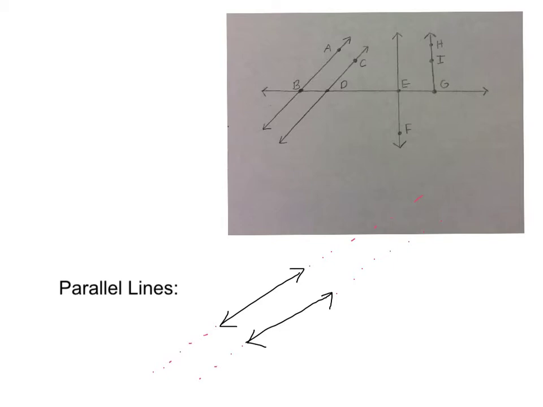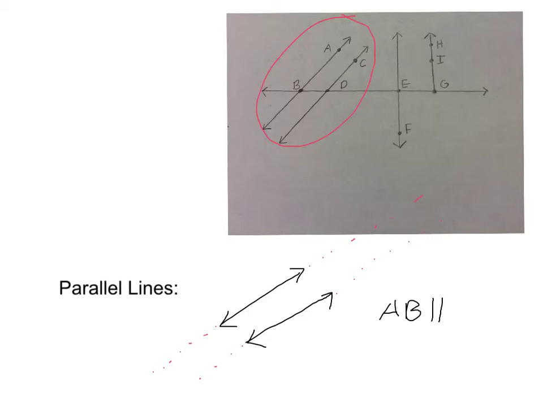You can see up above that we do have one set of parallel lines, and that can be found right here. To write out your parallel lines on this paper, all you need to do is first write the first line, which is going to be AB. The symbol for parallel lines is 2 straight lines going up like this.